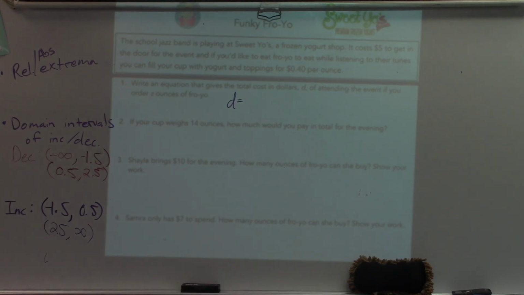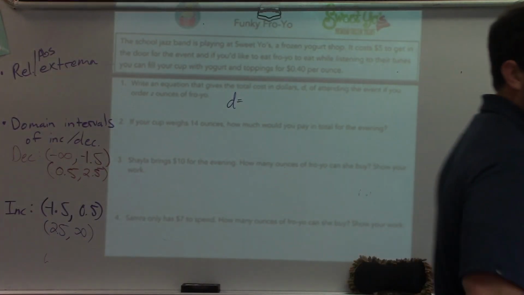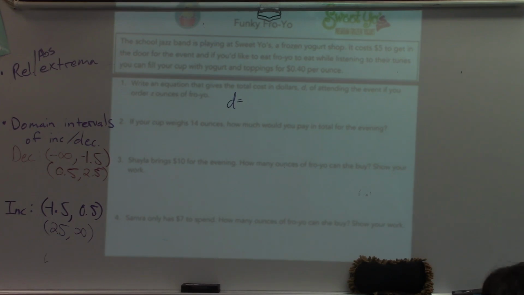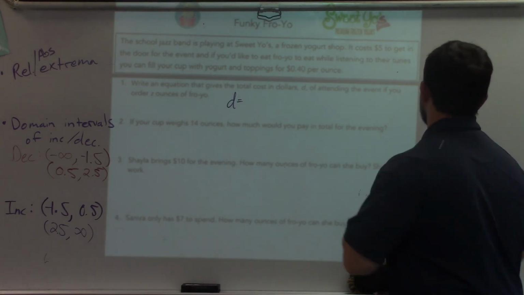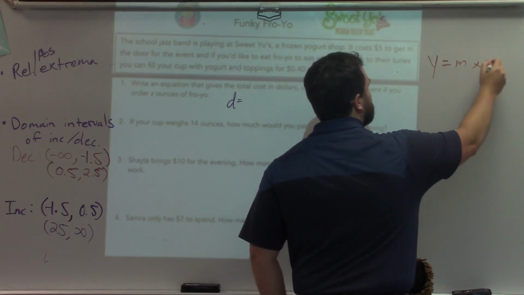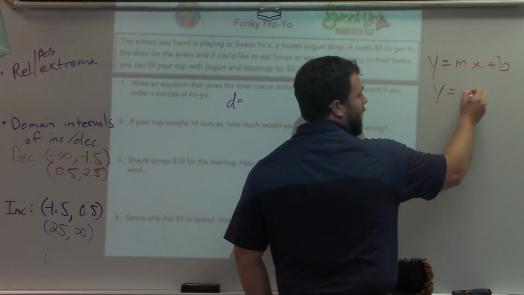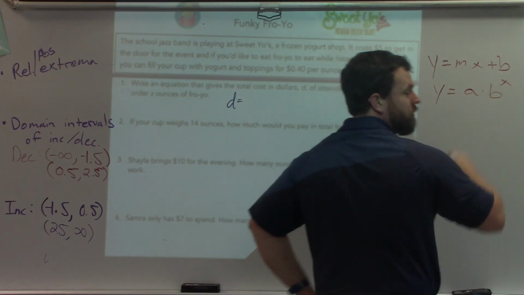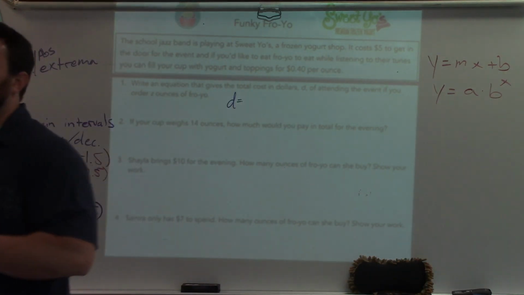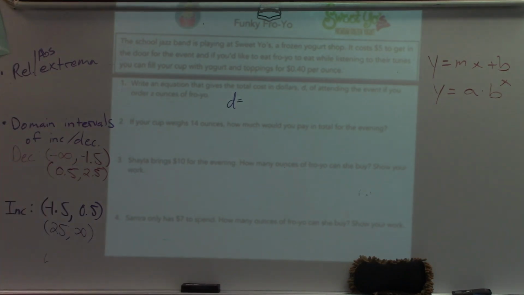All right. I just want to point something out. There are a few different ways you can tackle and approach this, but I want to look at what I see Caleb writing up here, because I think this would be a good starting point. Caleb wrote y equals mx plus b, and did you also write a times b to the x? Is that right? What is Caleb referring to when he writes y equals mx plus b and y equals a times b to the x?